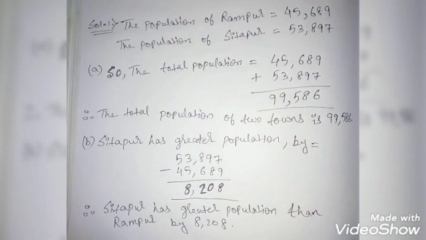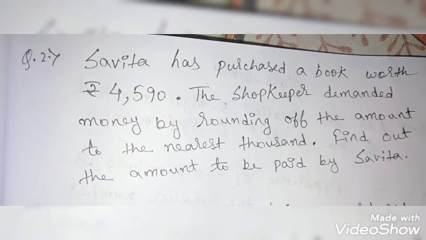So Sitapur has greater population than Rampur by 8,208. Always remember, when a question like this is asked, how much greater or how much less or how much smaller, subtraction will happen.